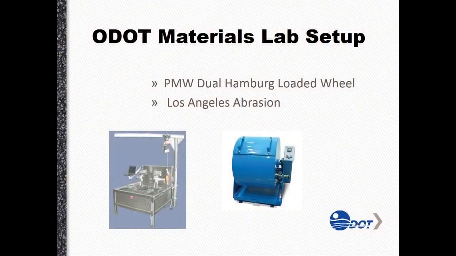Pretty tough test, and then you just measure the loss. Loss between 10 and 12 is going to be the limit. Most of our mixes we're seeing right now are between 7 and 8. So we're doing quite well with that. So we've got the Hamburg machine on the left and then an LA machine on the right.